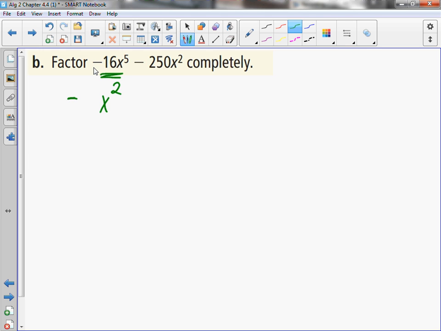Well, 2 will definitely go into both of them, yes? Will 4 go into 250? Because I know 4 will go into 16, but would 4 go into 250 evenly?